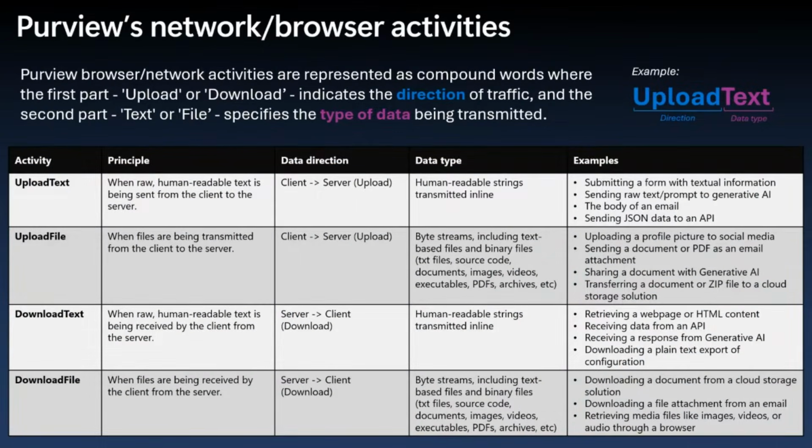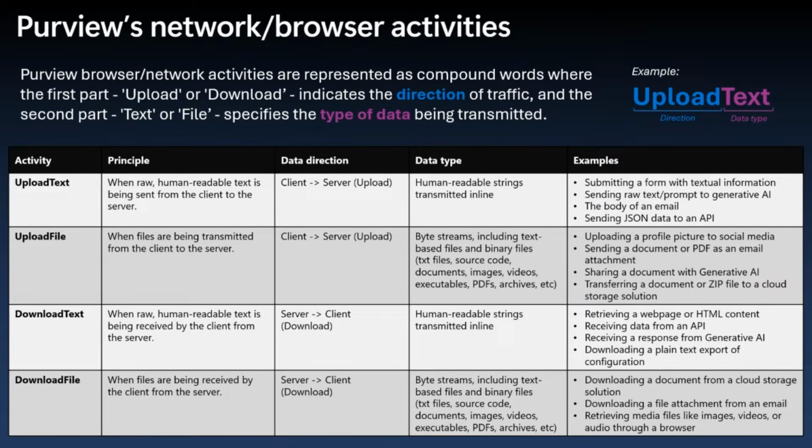Yeah, thanks, John. So with network data security and also with our browser data security efforts, we've broken it down into 4 different high-level activities that you can capture and classify for.